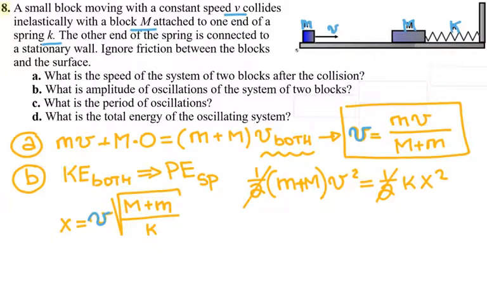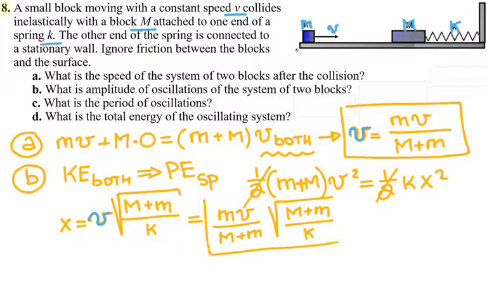Now if I plug in this velocity that I found earlier, I have mv divided by m plus m, and then I have the square root of m plus m over k. So now I have this expression, and that is my x, the maximum compression.